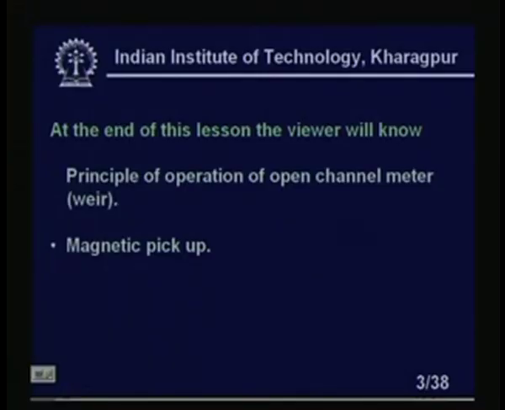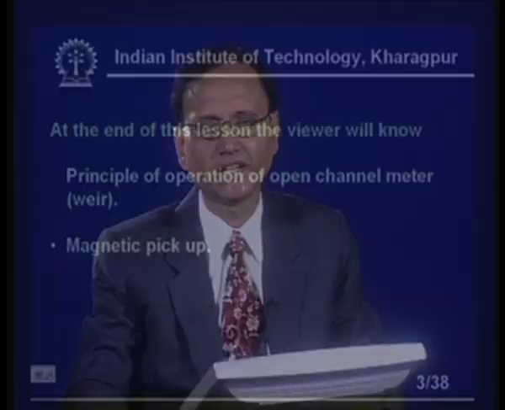So, we will also look at the magnetic pickup, because you will find that we use this magnetic pickup in many applications, measurements of velocity and all these things. The principle is the same: if I want to know the RPM of a motor, the magnetic pickup can be used there, and also if I want to know the liquid flowing in a pipe.